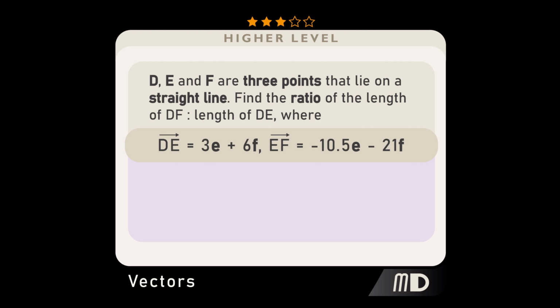And we've been asked to find the ratio of the length of DF to the length of DE. DE is equal to 3e plus 6f, and EF is equal to minus 10.5e minus 21f.